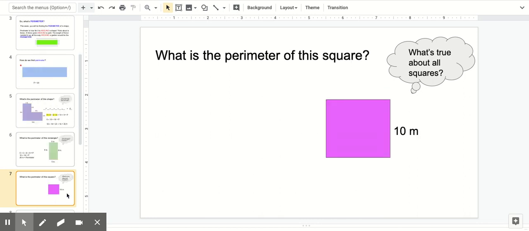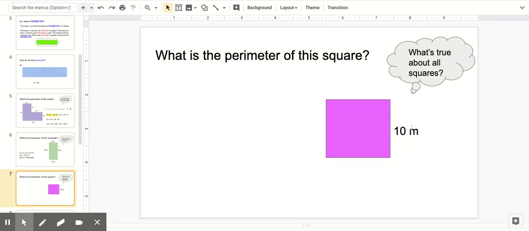All right, a square. I know you know a square is a quadrilateral. I know you know that that means that there are 4 sides to this shape, but they've only given us 1. But what is true about all squares? And I know that you all know this because you've all worked so hard on your classifying quadrilaterals lesson, that what makes a square so special is that it has 4 sides, has 4 right angles, and it has all sides the same length.